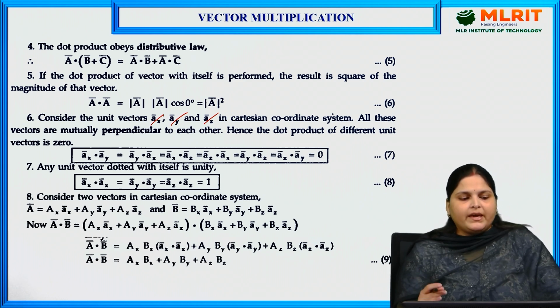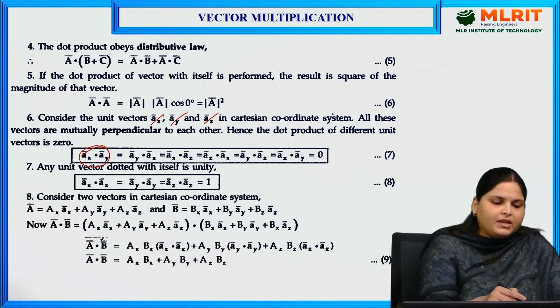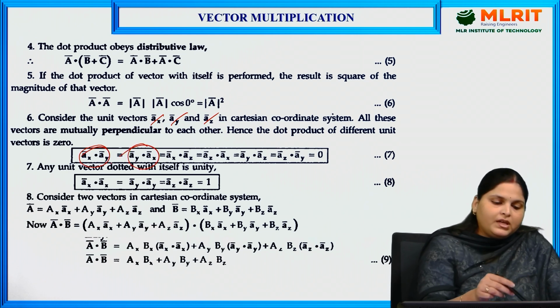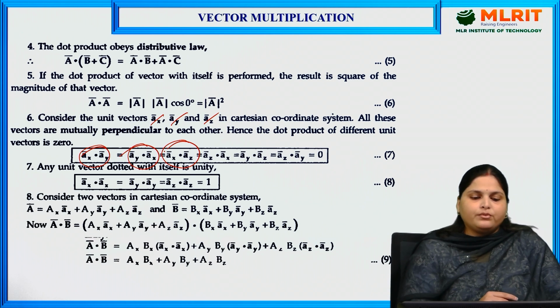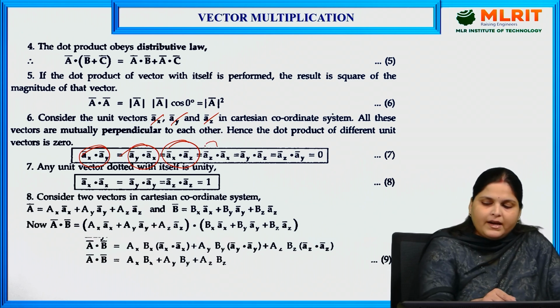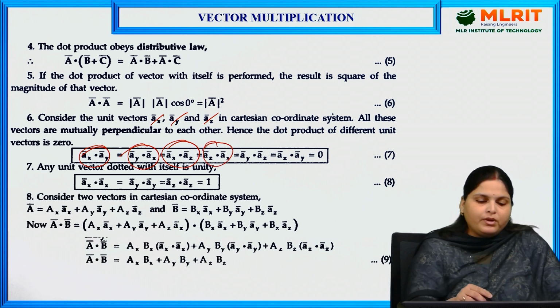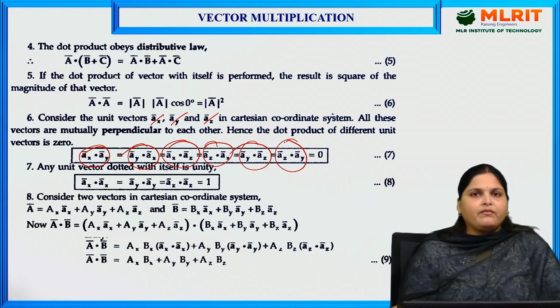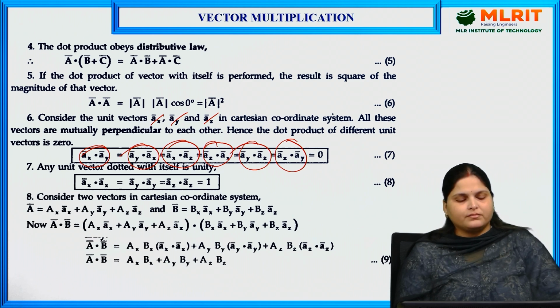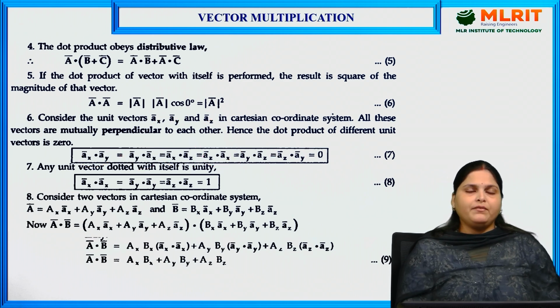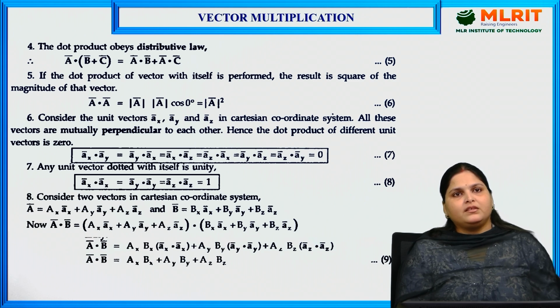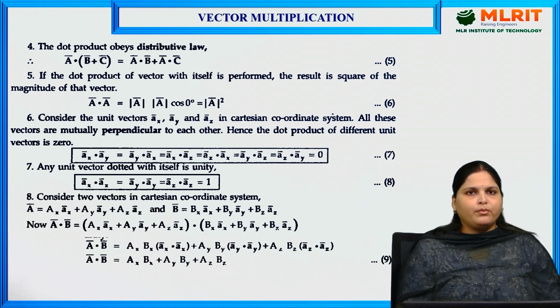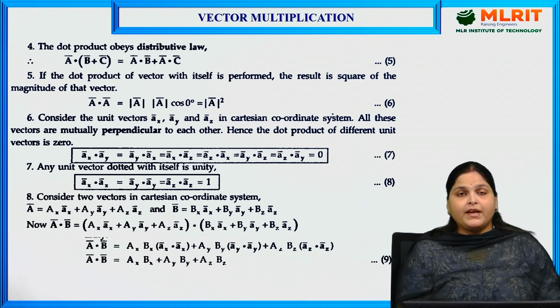That means AX dot AY is 0, AY dot AX is 0, AX dot AZ is 0, AZ dot AX is 0, as well as AZ dot AY is 0. Now, if any unit vector is dotted with itself, it will be unity. AX dot AX is 1, AY dot AY is 1, as well as AZ dot AZ is 1.